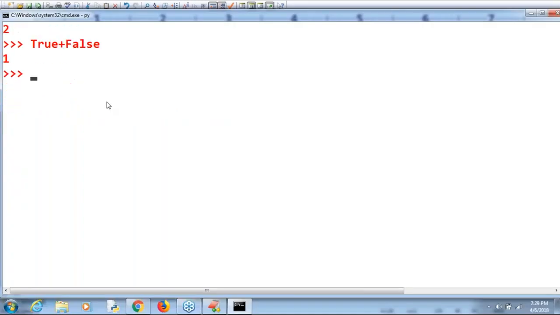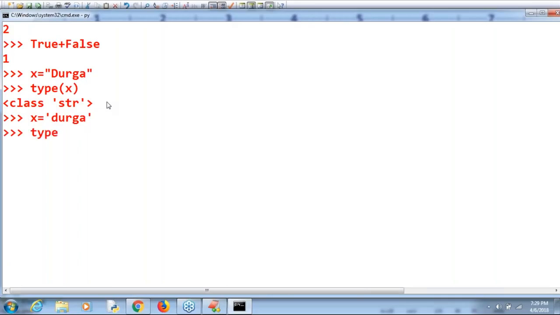Observe, x is equal to 'Durga'. What is the type of x? It is nothing but str.